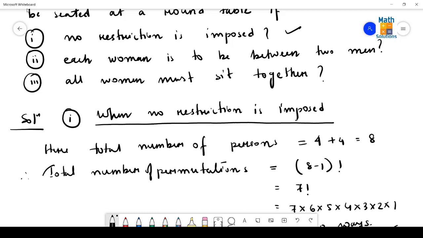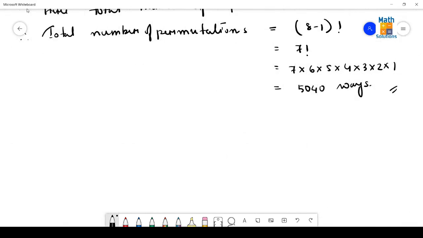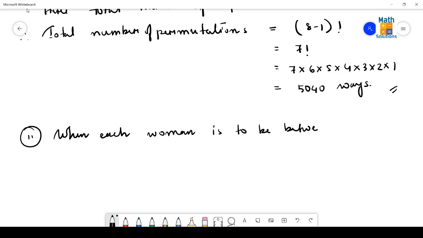So here goes the second question: when each woman is to be between 2 men.